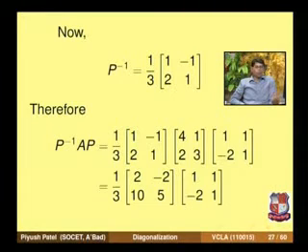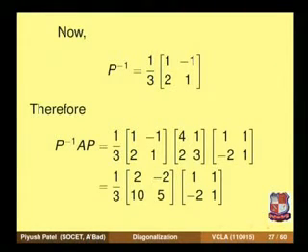Therefore the product P inverse A P is equal to 1 over 3 times the P inverse matrix into the A matrix into the P matrix.